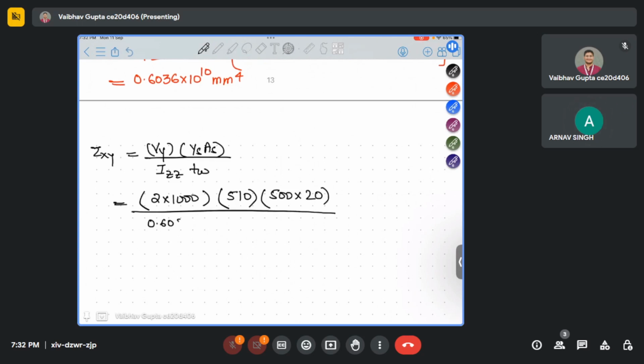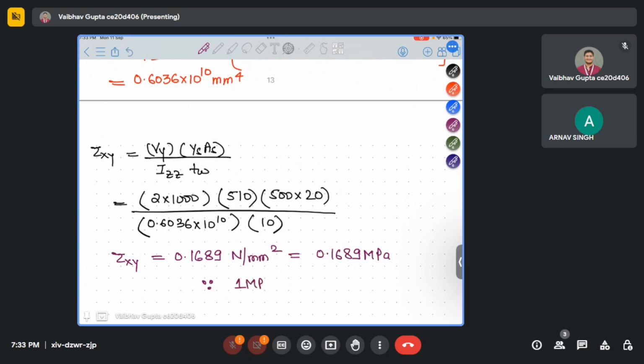IZZ is 0.6036 into 10 to the power 10, and TW is 10. Finally you get tau xy as 0.1689 Newton per mm square, which is 0.1689 MPa, because 1 MPa is equal to 1 Newton per mm square. So this is the answer.